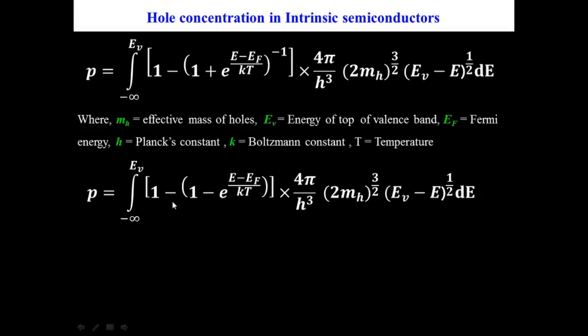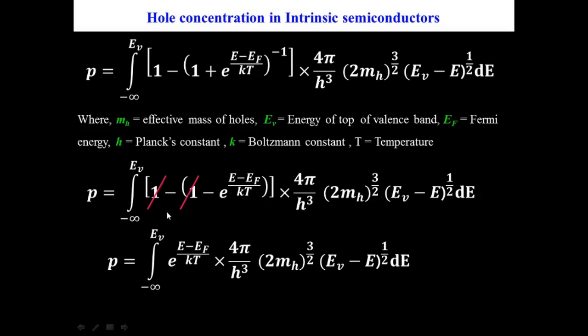Now we will solve this bracket, so this 1 will cancel out. Now minus minus is plus, so we'll get the number of holes, or hole concentration, equal to the integral from minus infinity to EV of exponential of (E minus EF) by kT into 4π/h³ (2 m_h)^(3/2) (EV minus E)^(1/2) dE.